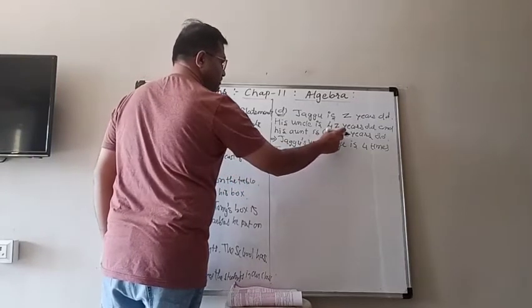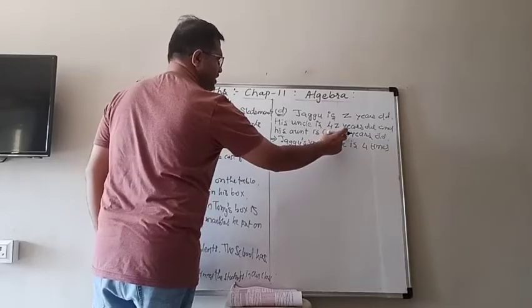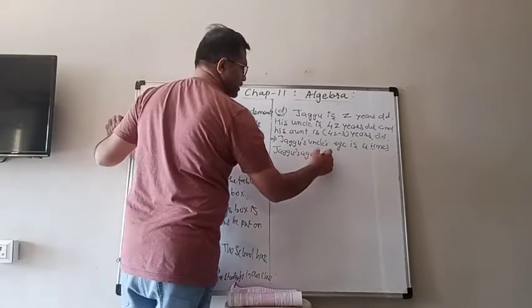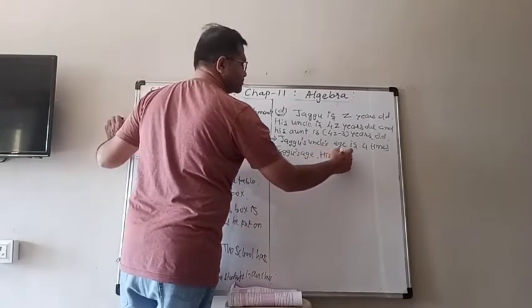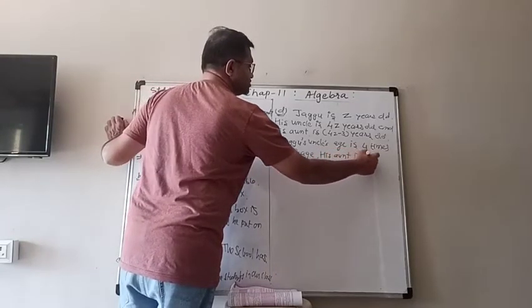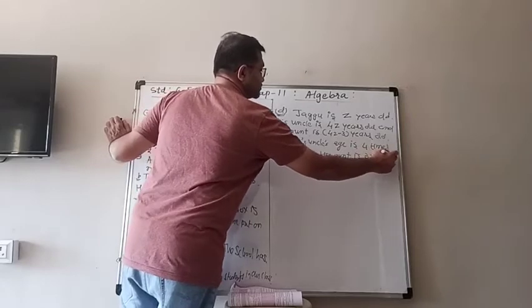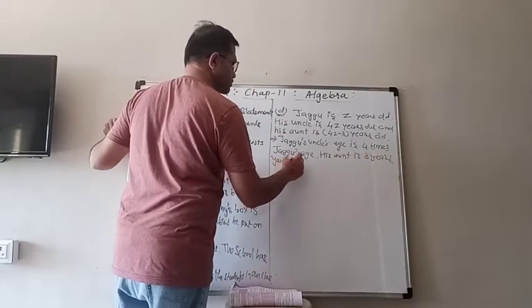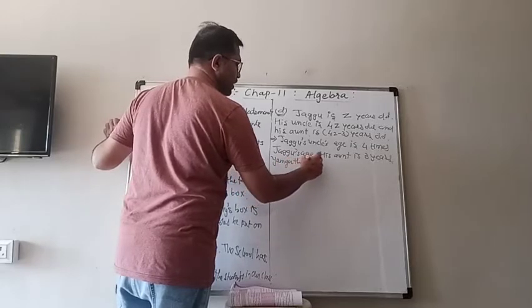Now the aunt is 3 years younger than Jaggu's uncle. His aunt is 3 years younger than his uncle.